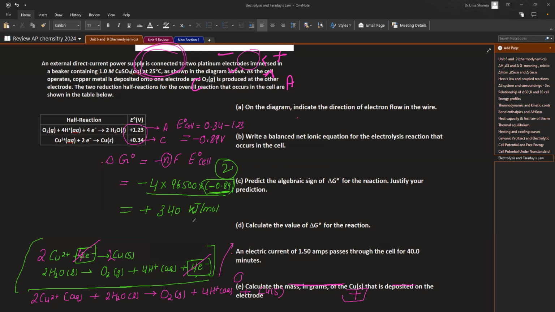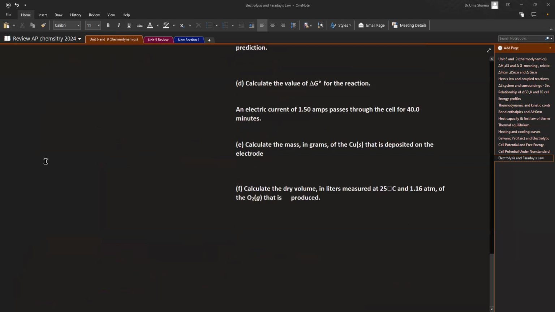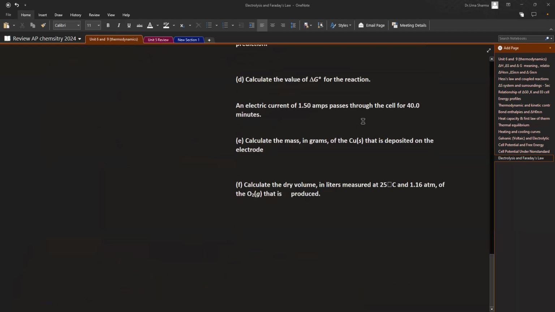So that's about how to calculate delta G naught. We are doing the next part. I'm going to clear it. Can we do this part? So I'm going to give you the equation for the reduction of copper.